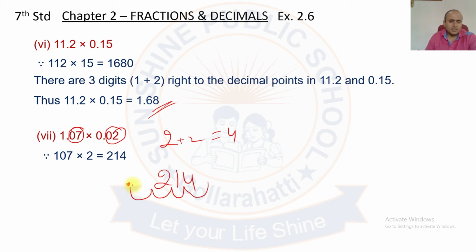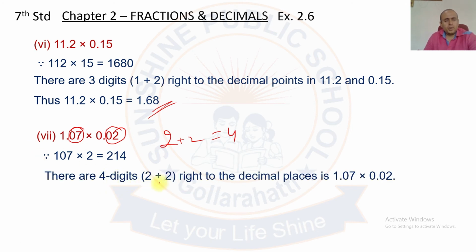Therefore the point comes here, you have to add 0, and that becomes 0.0214. So here we got the decimal point before 4 digits. Therefore the answer is 0.0214. There are 4 digits, 2 plus 2, to the right of the decimal places in 1.07 into 0.02. When you multiply 1.07 into 0.02, the answer you get is 0.0214.